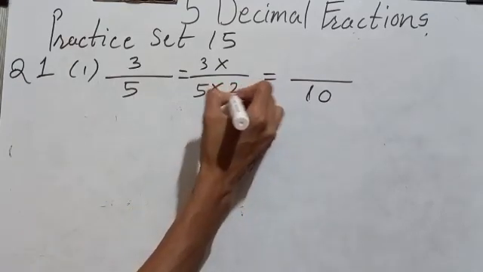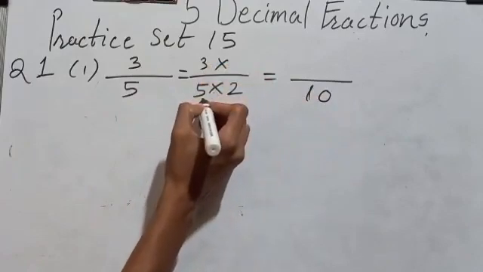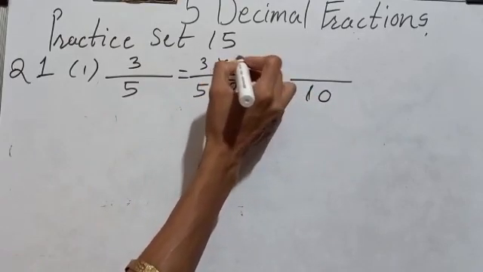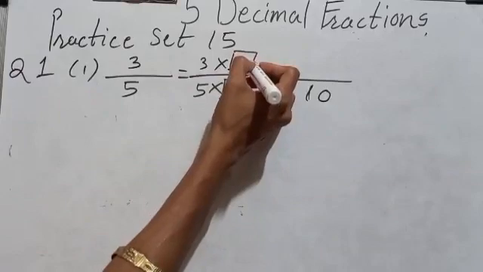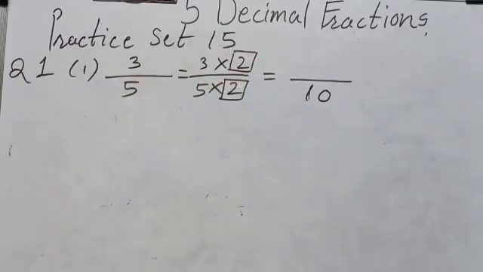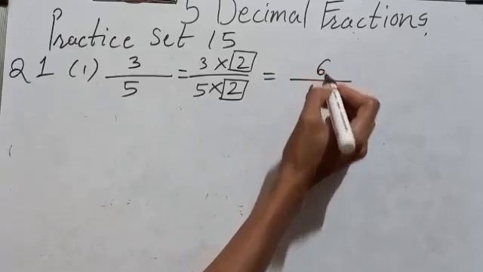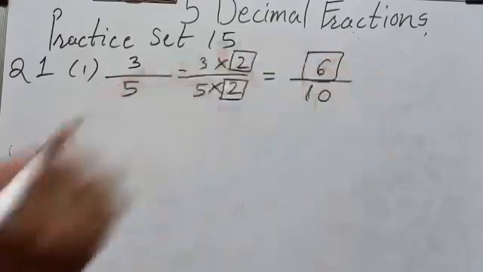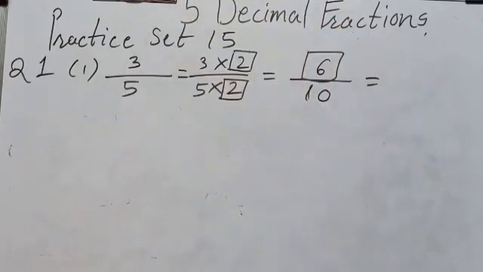If I multiply 5 by 2, I get 10. So whatever number you multiplied with the denominator, you have to multiply the same number with the numerator also. Then 3 twos are 6 and 5 twos are 10. Okay. So our answer will now be 6 upon 10.